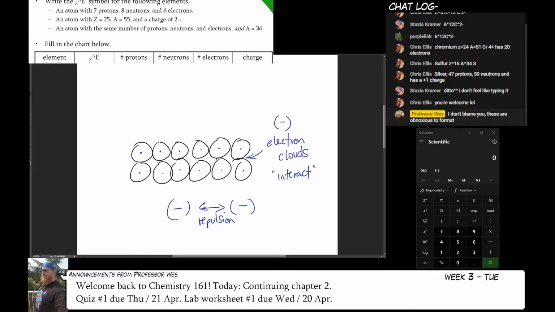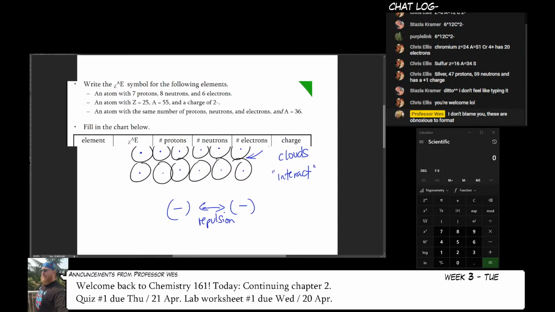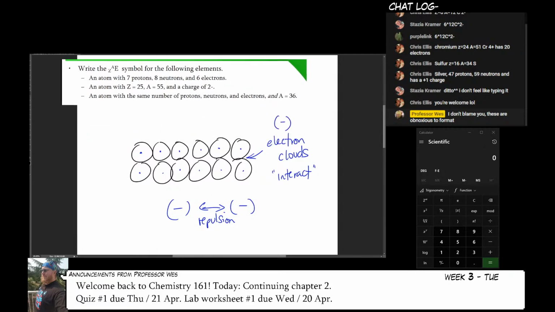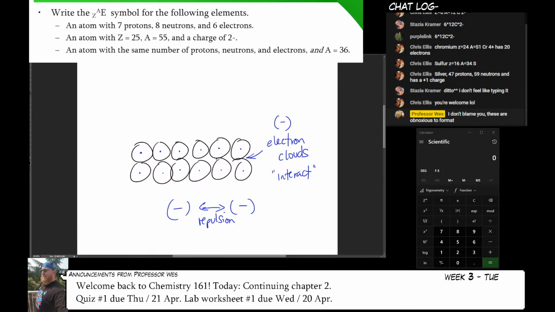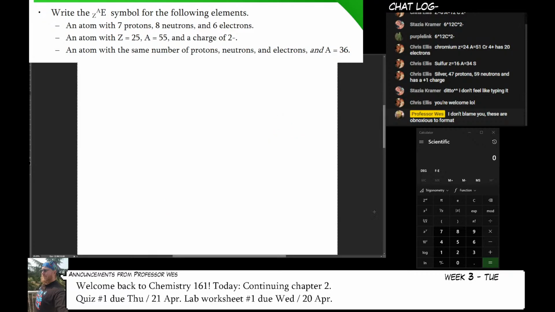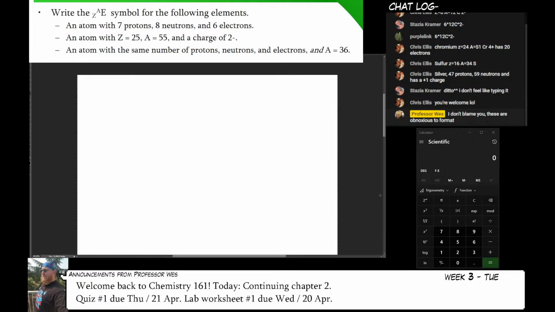So I do need to go to this slide, unfortunately, for these top ones, because there's nowhere else to write them. Get rid of these drawings. All right, an atom with 7 protons, 8 neutrons, and 6 electrons.